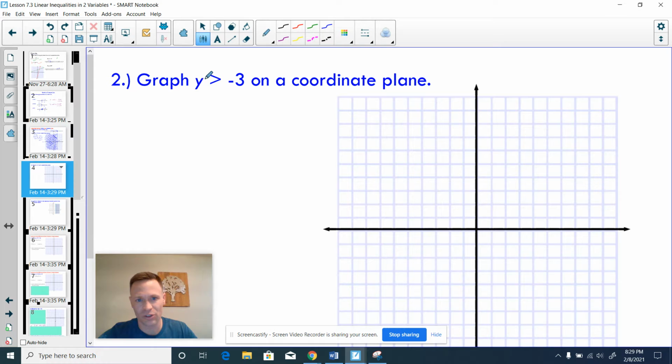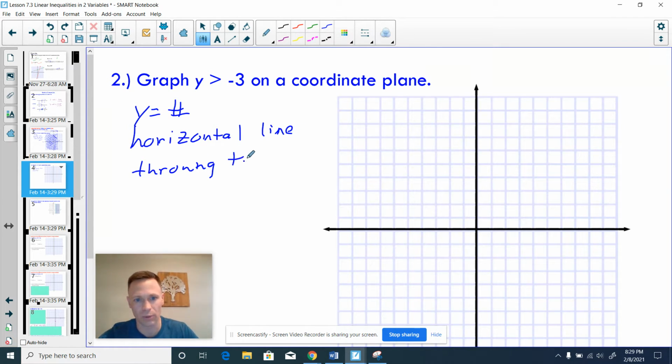Now, what about y is greater than negative 3? Well, again, I'm going to connect this to what we know about horizontal lines. Anytime we have the equation form y equals some number, that is a horizontal line through that number on the y-axis.